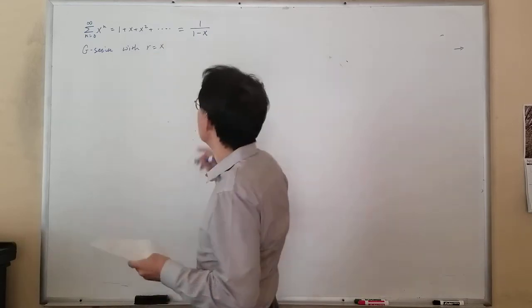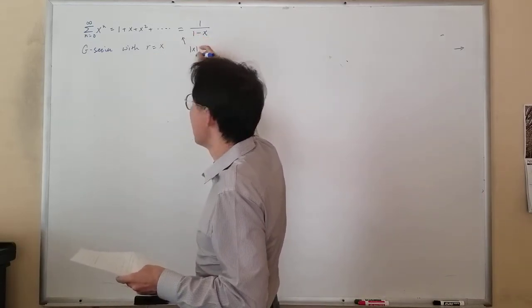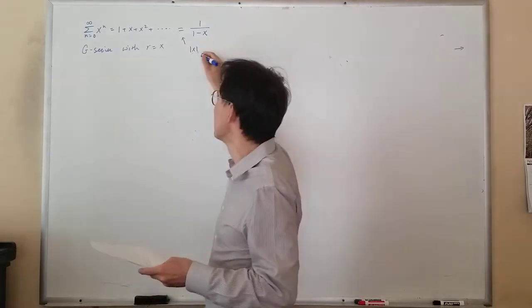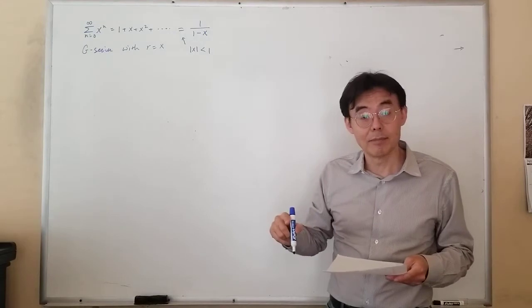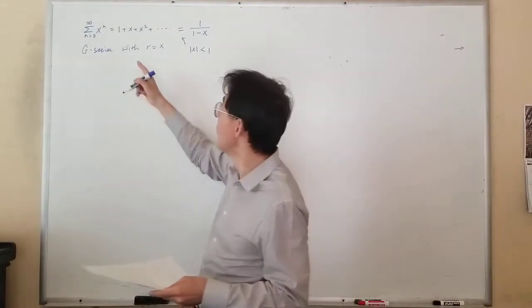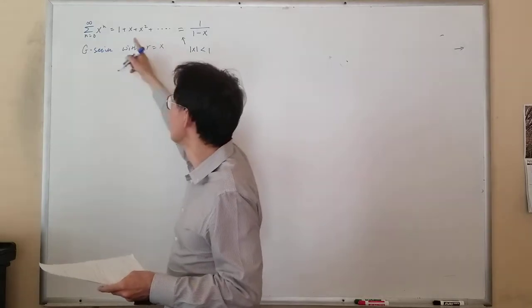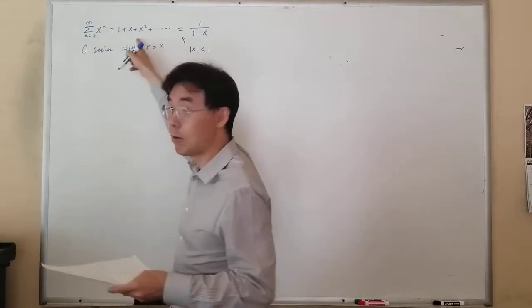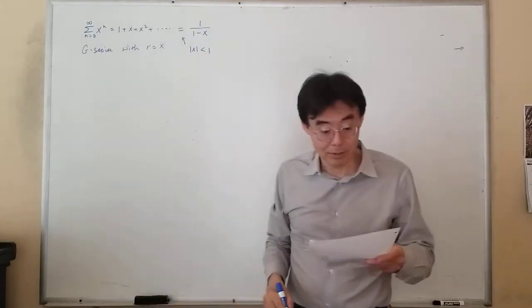But this convergence works only when the absolute value of the common ratio is less than 1, that means between -1 and 1. So for any value of x between -1 and 1, this power series is the same as this rational function.